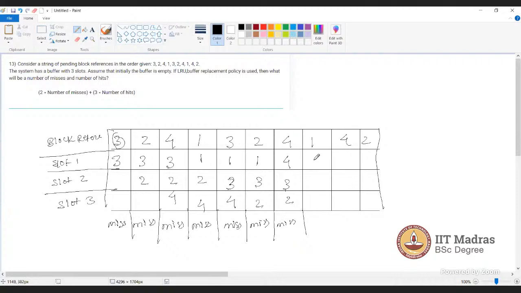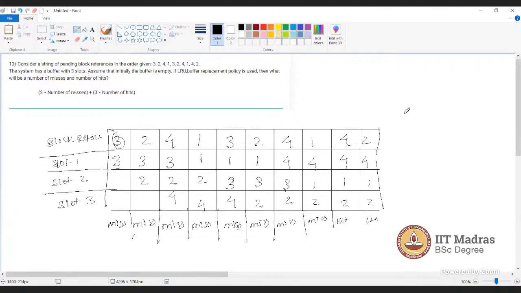Then 4, 1, 2, miss. 4, 1, miss. This time hit. So 4, 1, hit. Again hit. 4, 1, 2, hit.